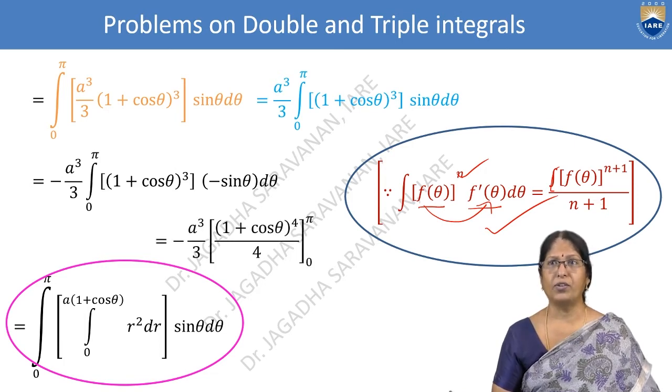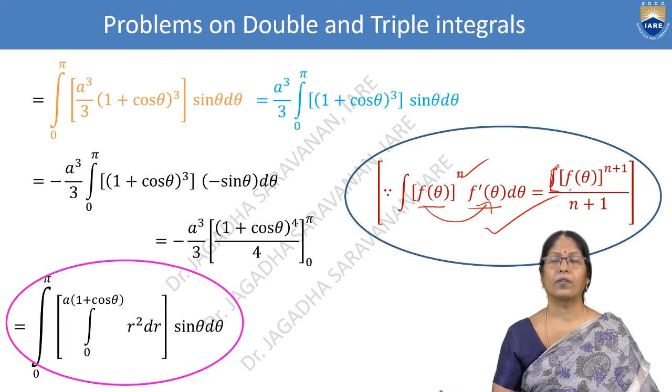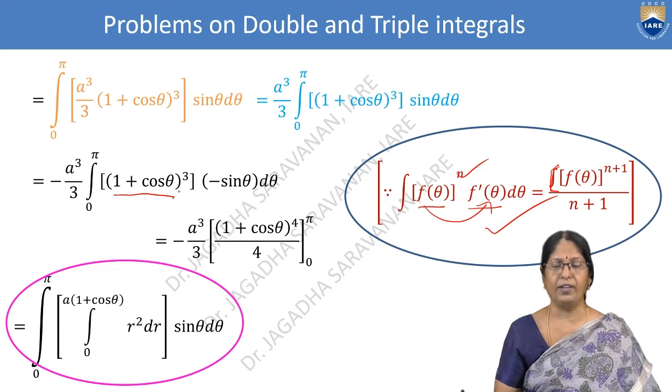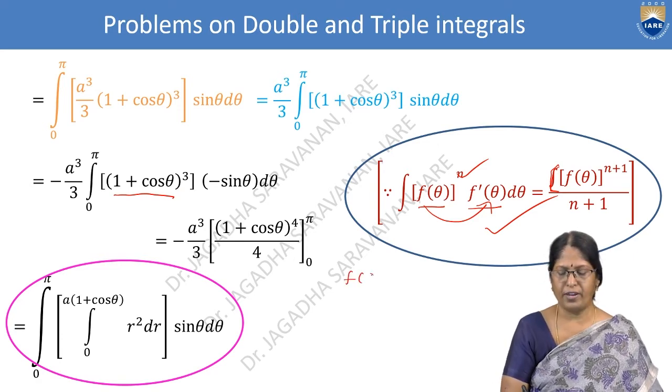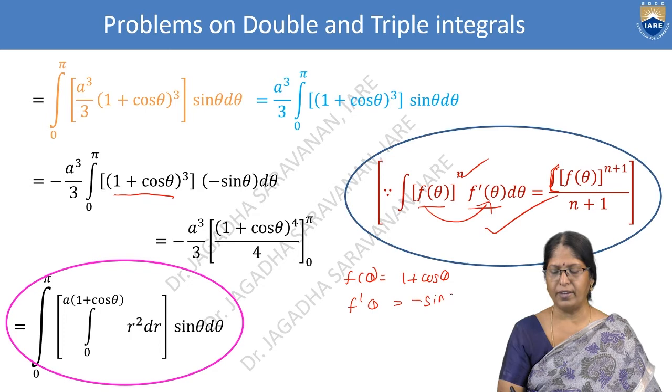We can see it here. This part we take as f of theta, so f of theta equals 1 plus cos theta. f dash of theta: 1 is constant, so it is 0, and we get minus sin theta.